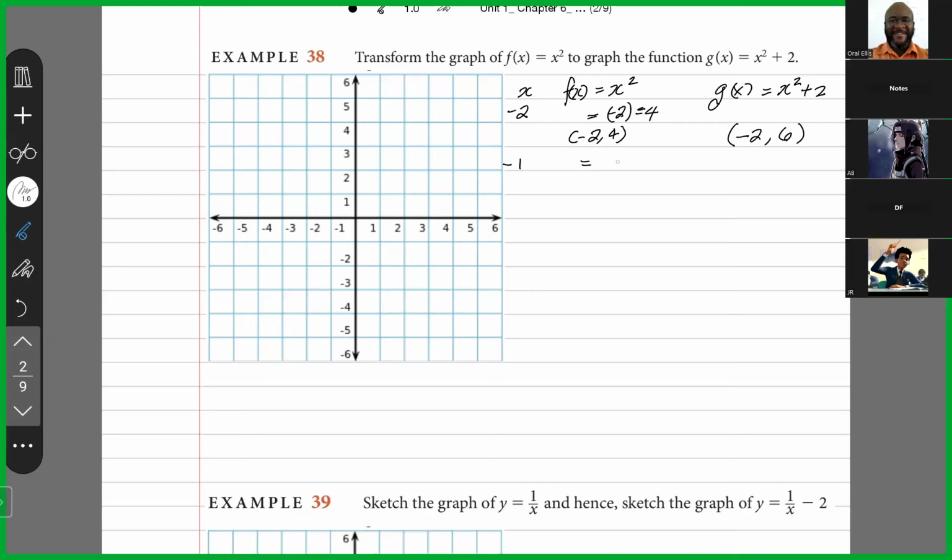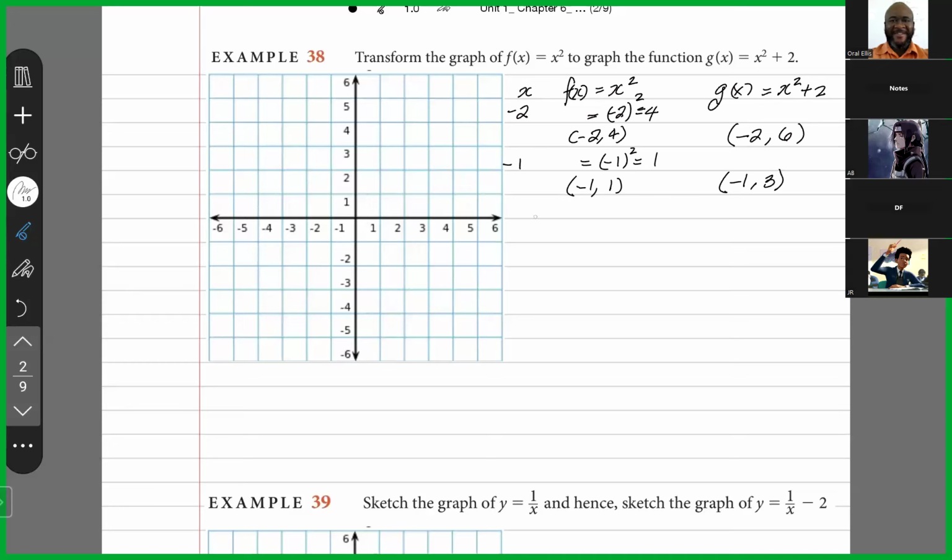F of x would be equal to minus 1 squared, which is positive 1. So this would be the point minus 1, 1. And the point minus 1, 1 is going to become the point minus 1, 3. The x coordinate remains the same, and the y coordinate increases by 2.